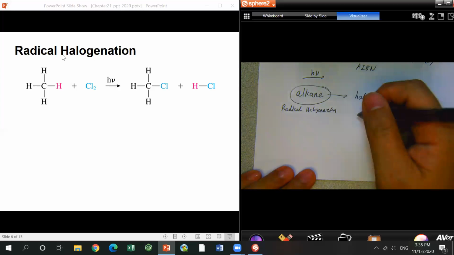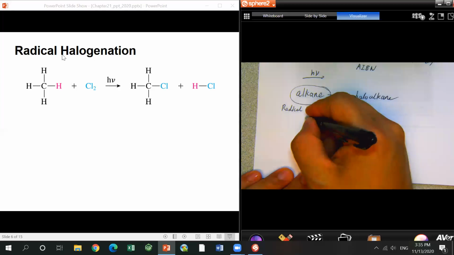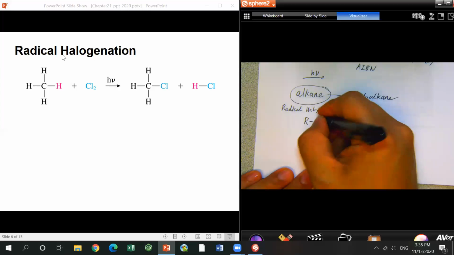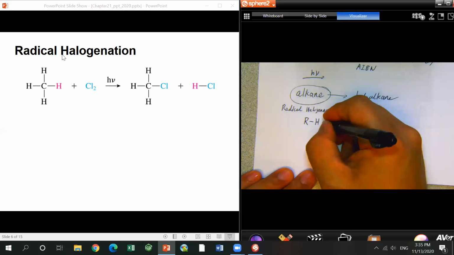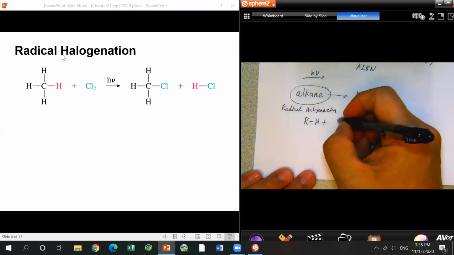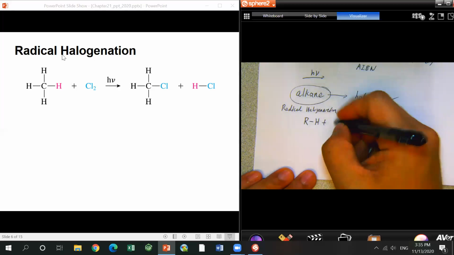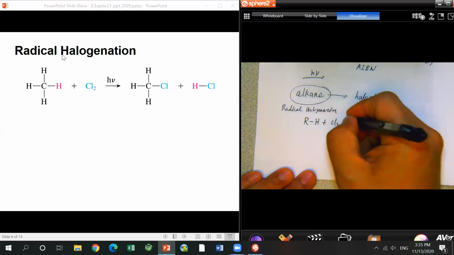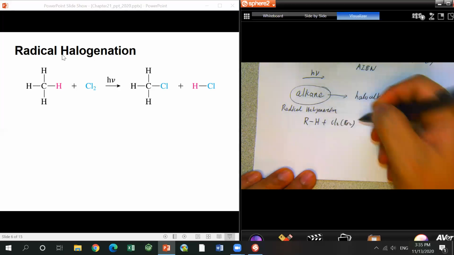For the overall reaction, you have R-H, which I just list here, reacting with a halogen. The most common halogens are chlorine or bromine.